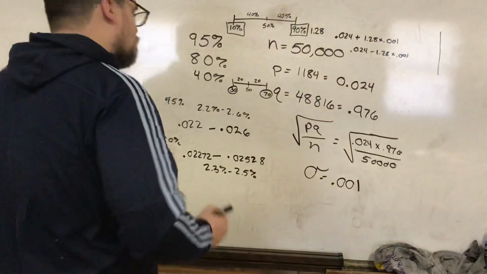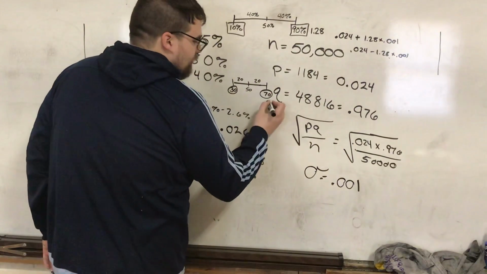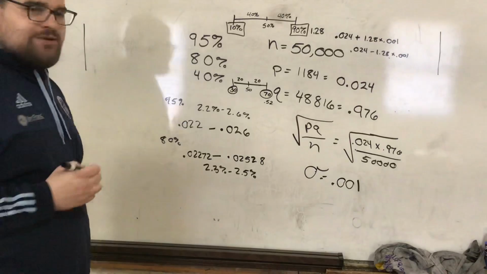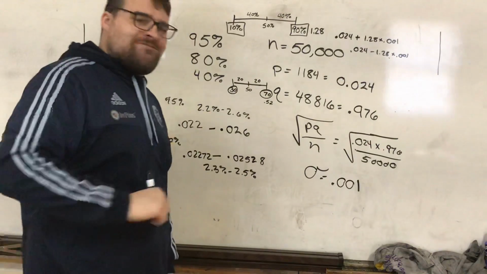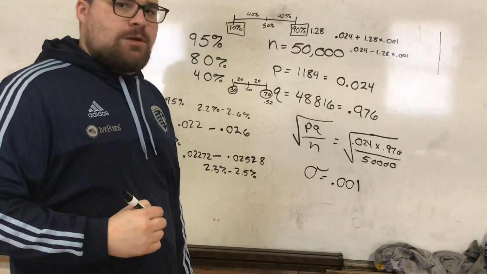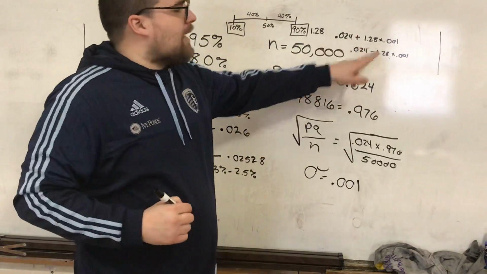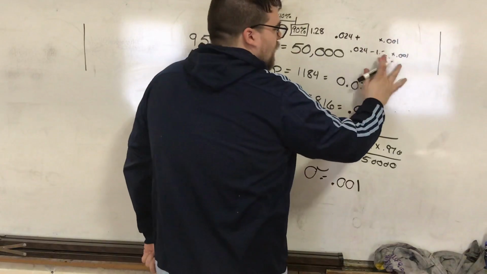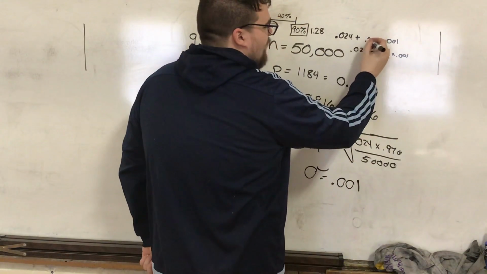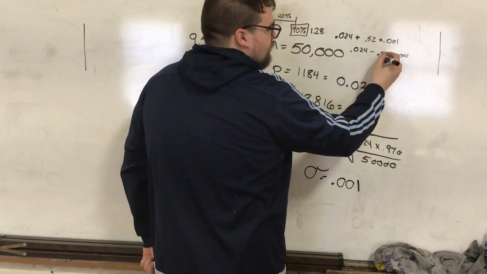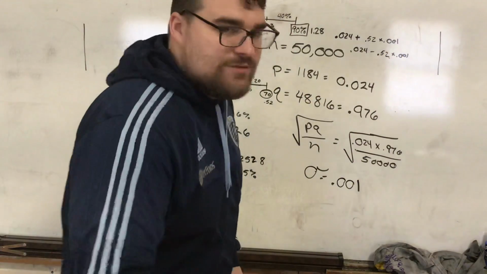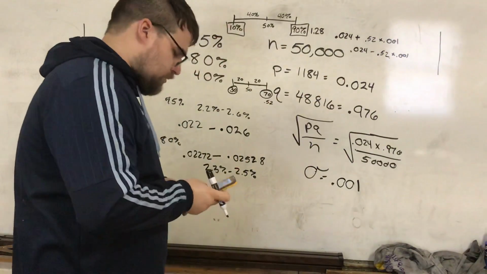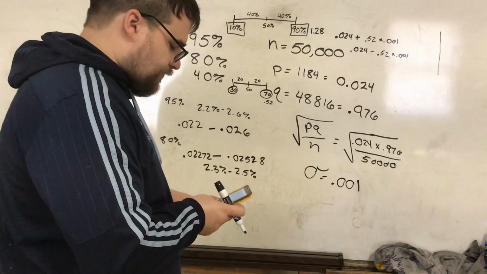That looks like the closest one to me. So I need 0.52 standard deviations above and 0.52 standard deviations below. So I'm going to do the same math, but instead of 1.28, I only need 0.52 standard deviations above and below.